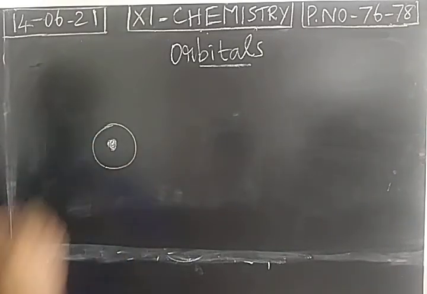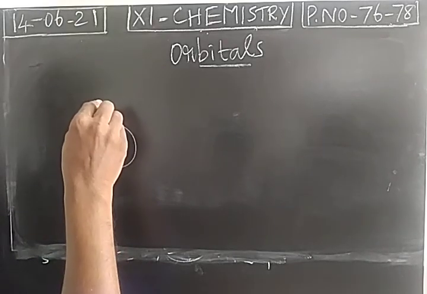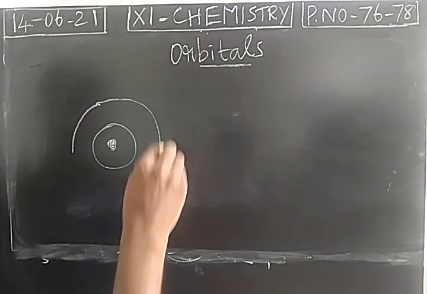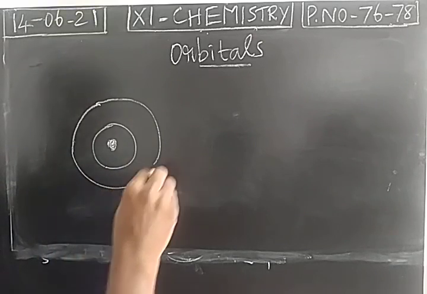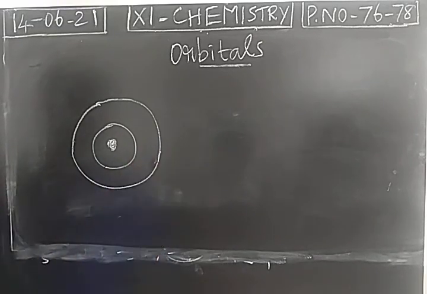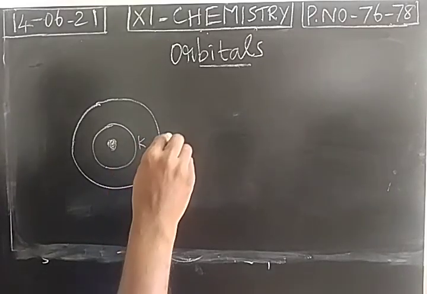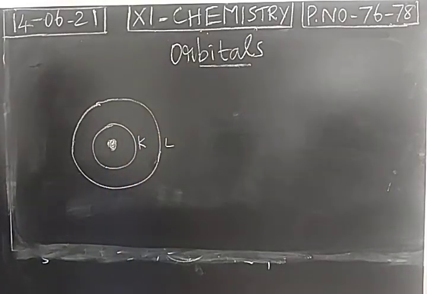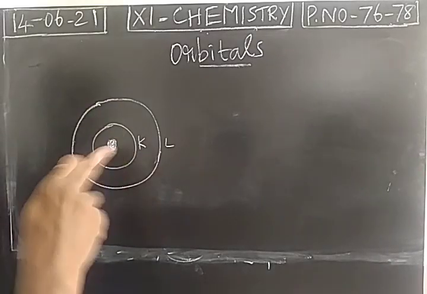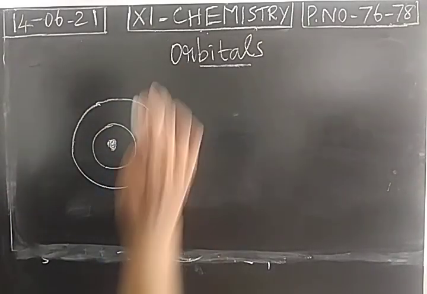Outside the nucleus, according to Bohr's model, we have circular paths. The circular path is called an energy level, orbit or shell. We denote these as K, L, M, N and so on. In the shells, we have the orbitals.